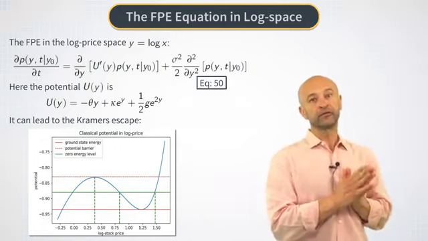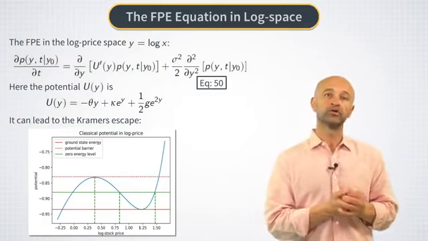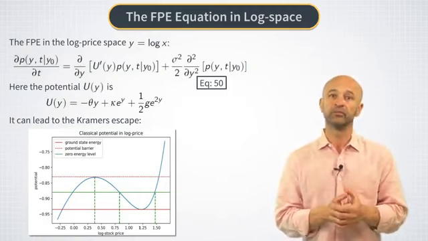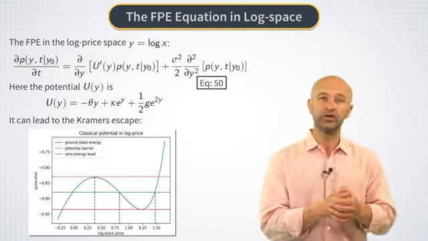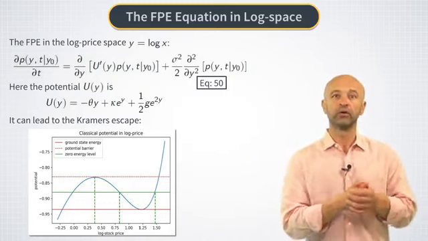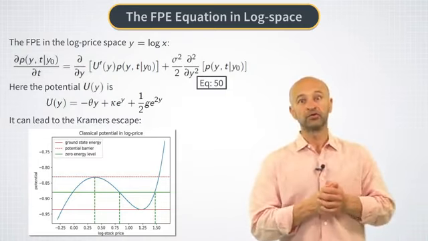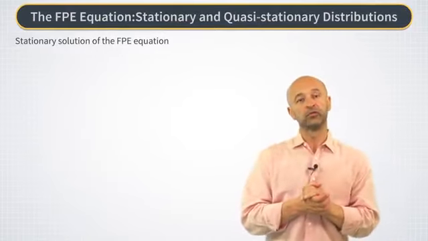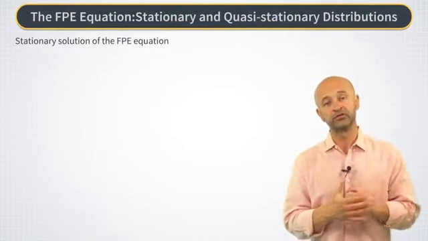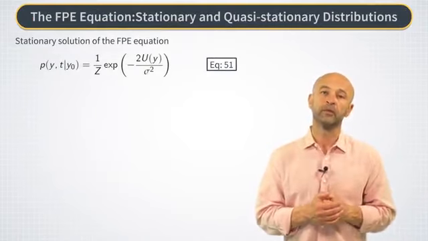So if the left-hand side vanishes, we can express the Fokker-Planck equation as a conservation of the probability current, and if for a stationary state, also called the ground state, if the state exists, then the current should vanish. And these simple arguments lead to a suggestive steady-state solution in the form shown in equation 51 here.